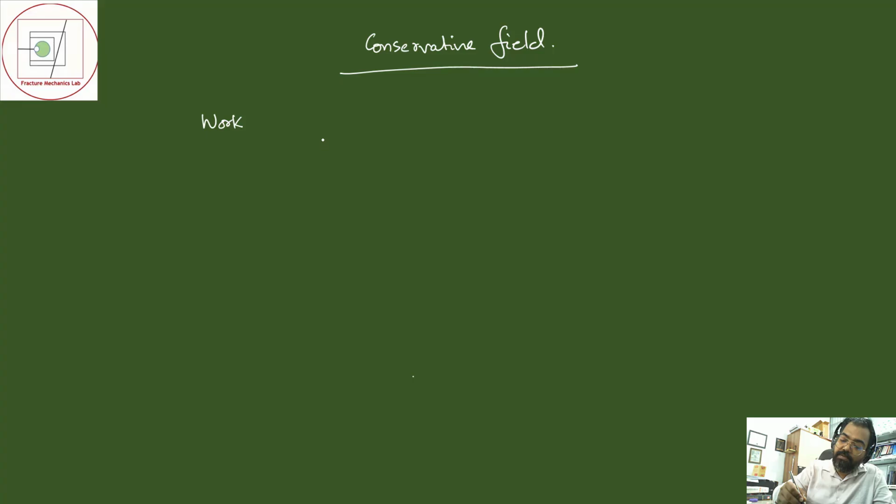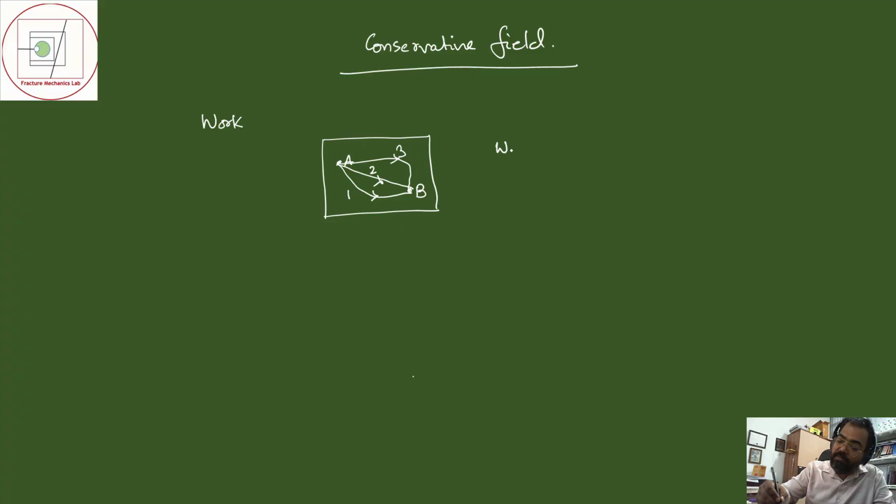So if I take a piece of rough surface and I start from point A to point B and I just scratch it like this, and then I scratch it like that, and then I scratch it, say, like this. So in all three ways, I'm going from point A to point B, but the amount of work which is being done along these paths are not same. So these three are not equal.